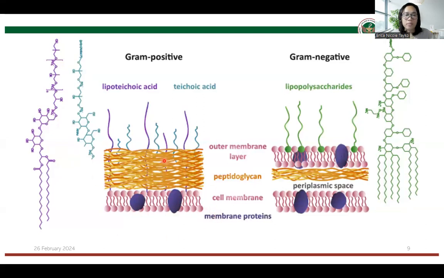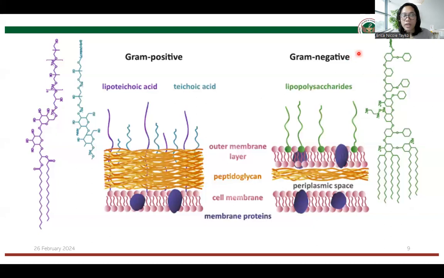At the same time, the peptidoglycan layer present in both gram positive and gram negative bacteria, although thicker in gram positive, is also composed of carboxyl and amino groups, so it also contributes to the negative charge.